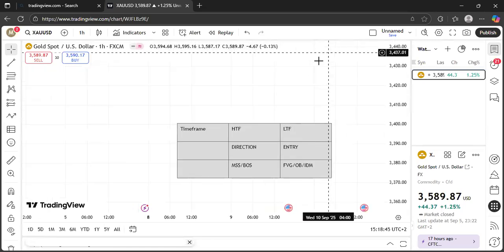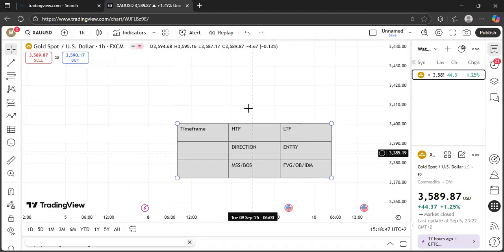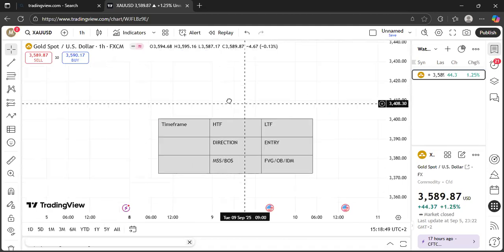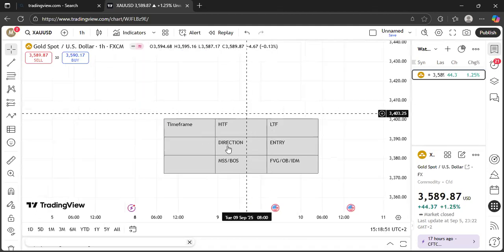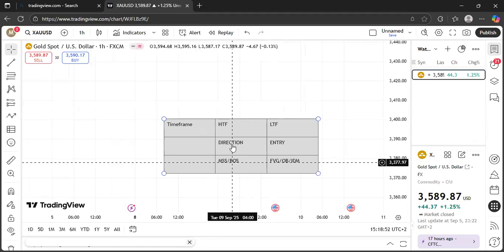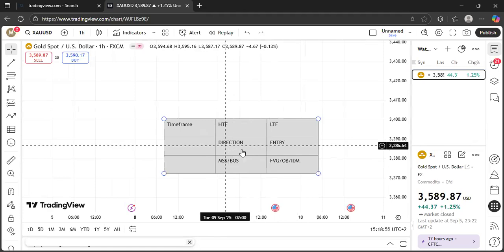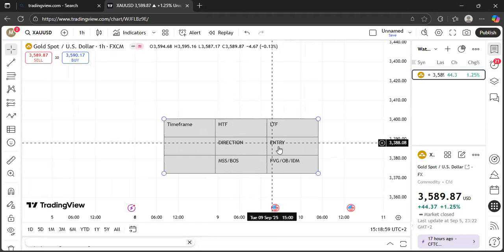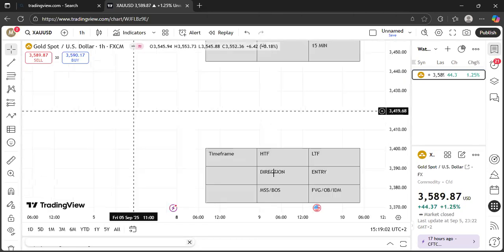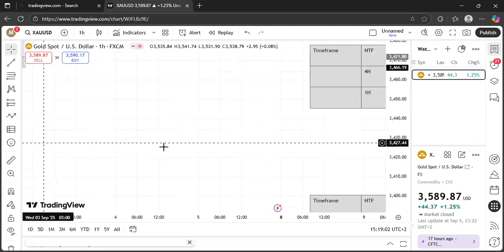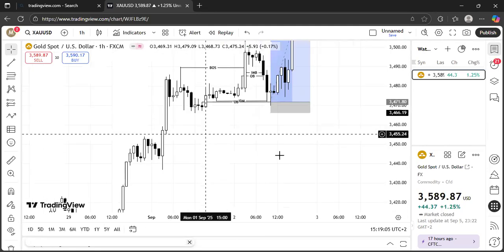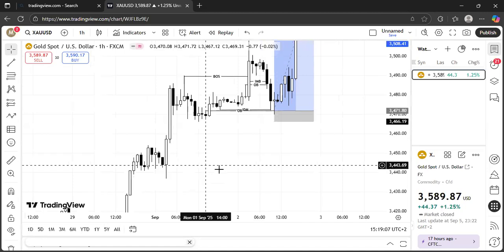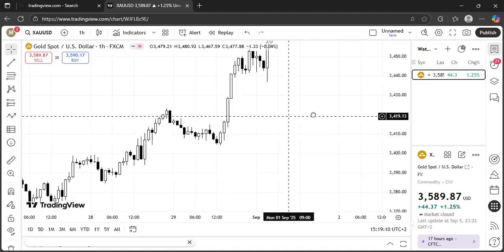Like I said, we're going to repeat the same process but with a different time frame now, since we're aligning our time frames. So on the 1 hour, we're going to look for direction, and then on the 15-minute, we're going to look for an entry. Let's first get our direction before going any further.